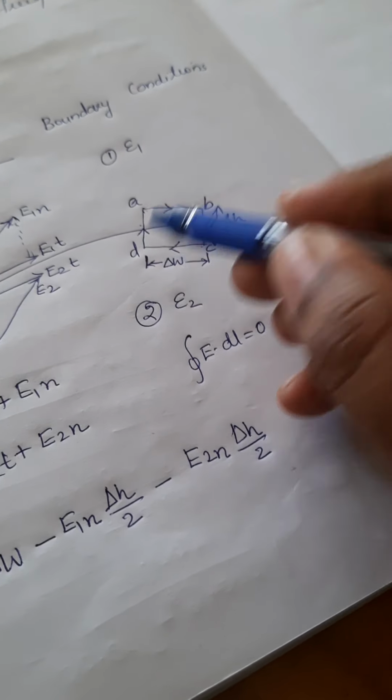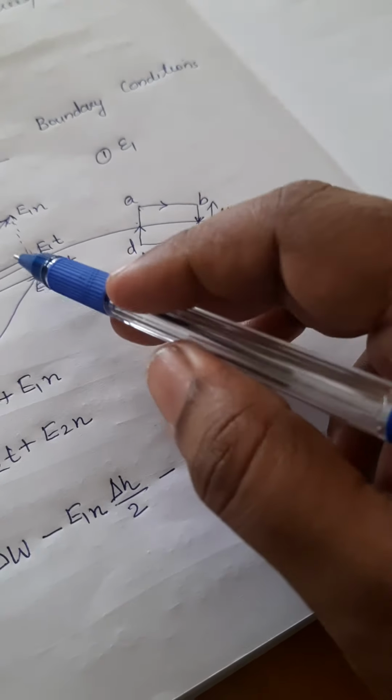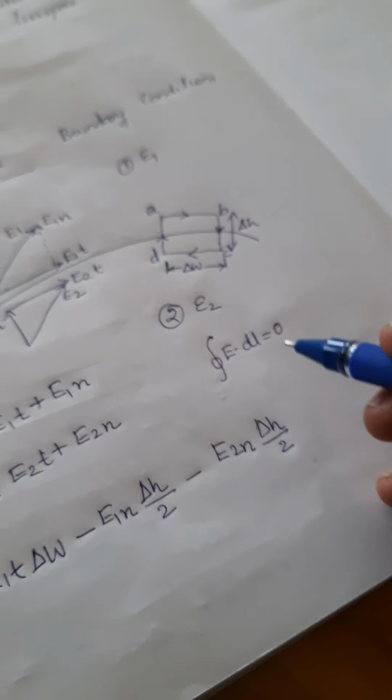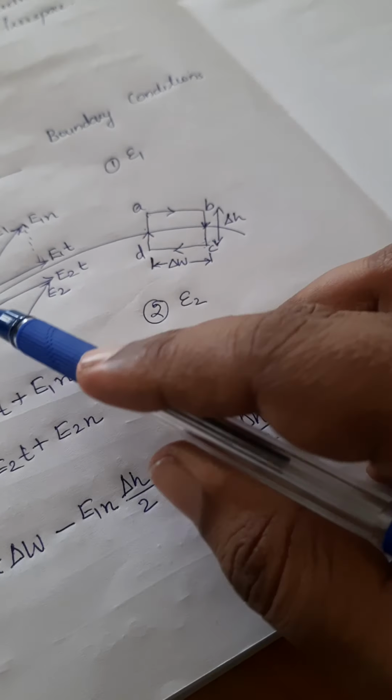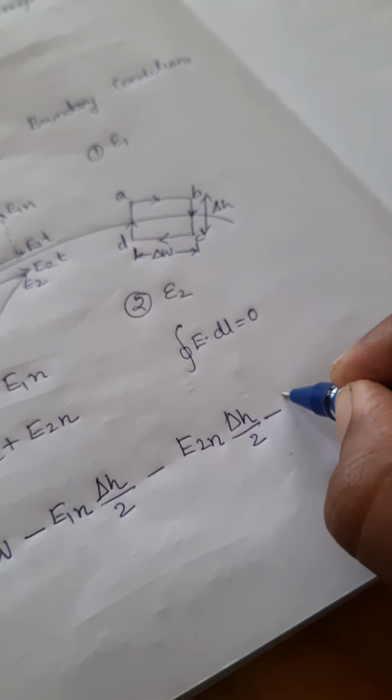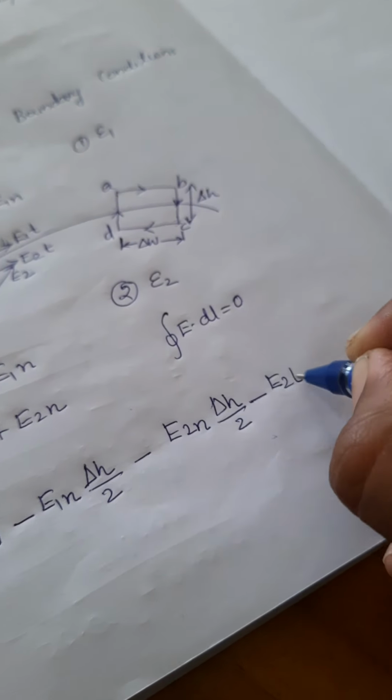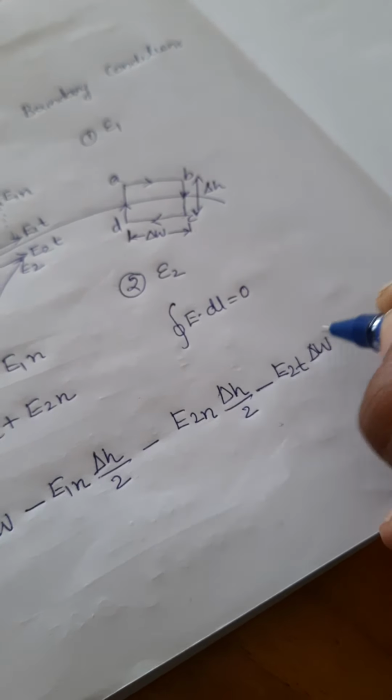Then from C to D, it is the tangential component E2t in the reverse direction, so it is minus E2t into delta w.